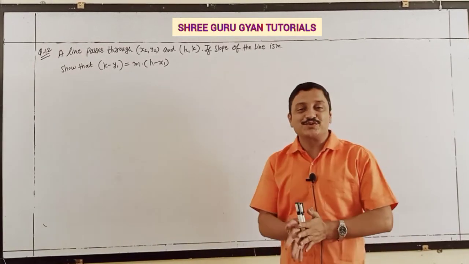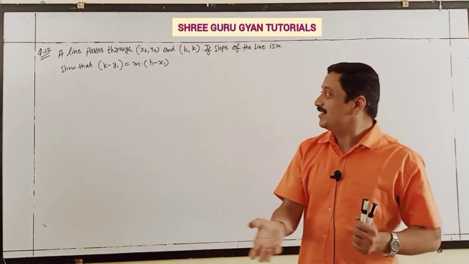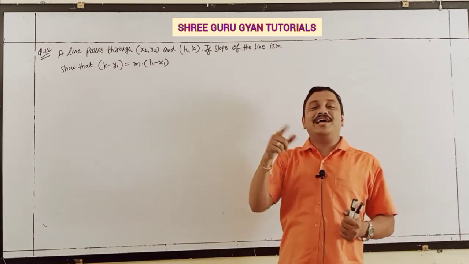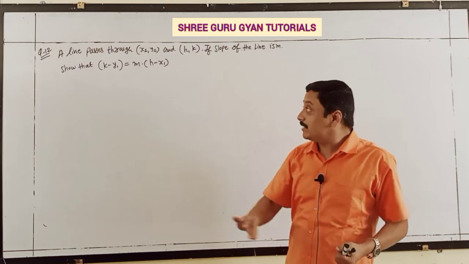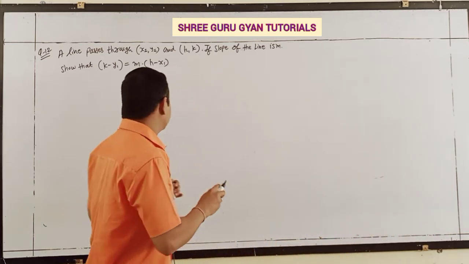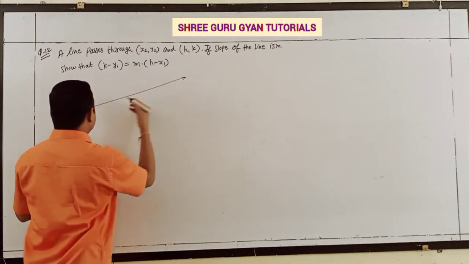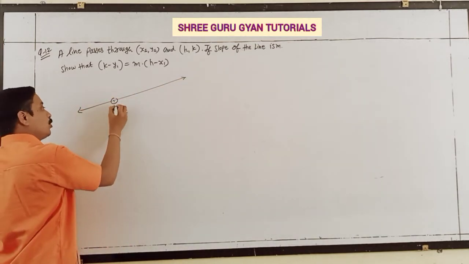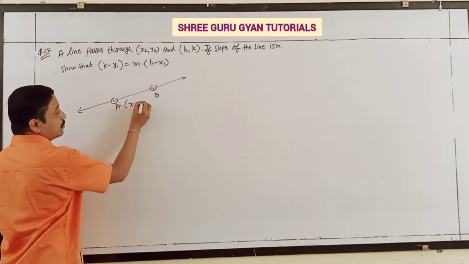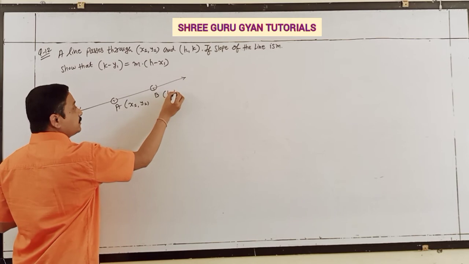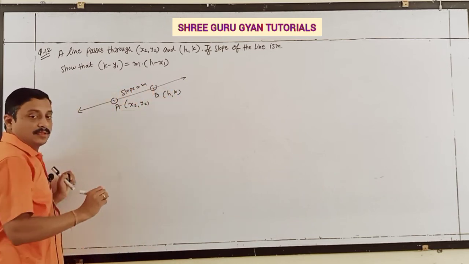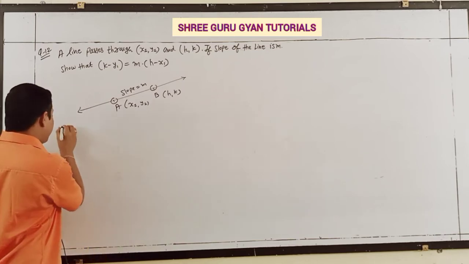Now continue, students, question number 12. This is also a very simple question. A line passes through (x1, y1) and (h, k). If the slope of the line is given as m, then prove that k minus y1 is equal to m (h minus x1). Students, consider one of our lines; two points are required, A and B. Already given are (x1, y1), and second I have (h, k), and the slope is also given as m, and the slope formula is known.